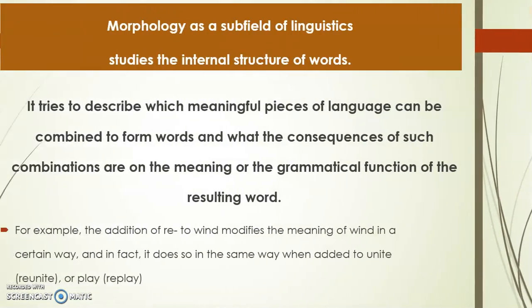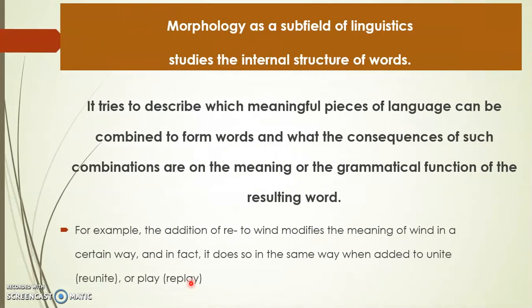And so morphology is a subfield of linguistics that studies the internal structure of words. It tries to describe which meaningful pieces of language can be combined to form words, and what the consequences of such combinations are on the meaning or the grammatical function of that resulting word.